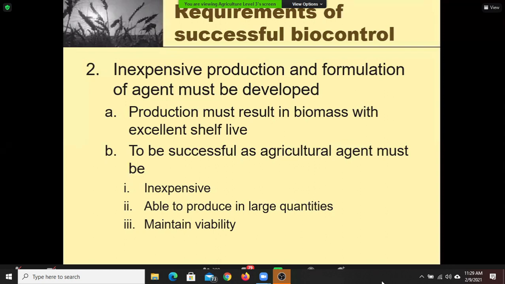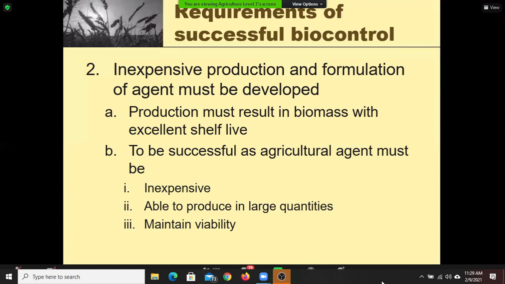And during this process, during production, transportation, and storage, these beneficial microbes must survive. Only then can we apply them to the environment. And they should even survive after application to the field.